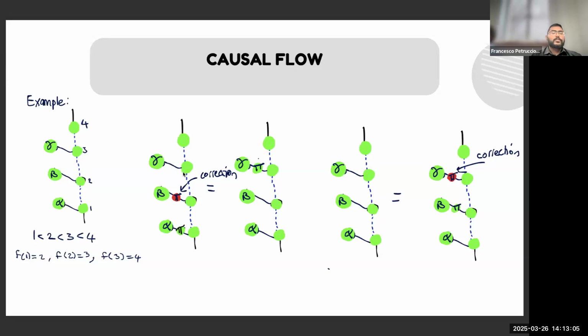But this is fine because by the order of measurement, we have not measured gamma yet, so this is still allowed. And a similar thing happens when we get an extra pi phase on the beta measurement. There's a green pi missing on the beta spider here.